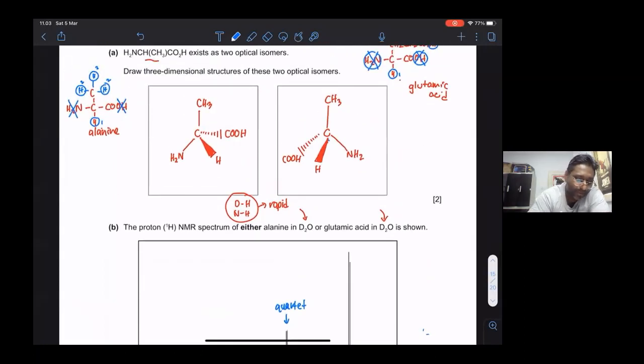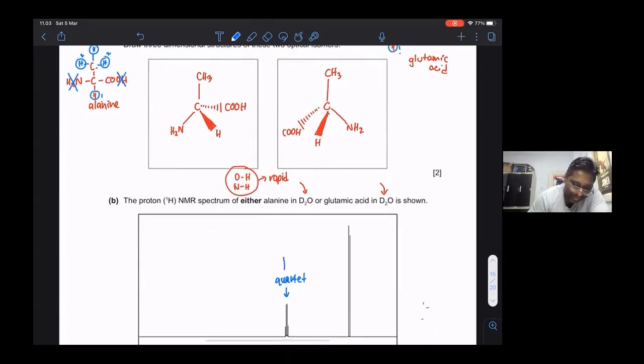So you can see this is the neighboring carbon, and then there are 3. So it means that this quartet belongs to the hydrogen attached to CH3.